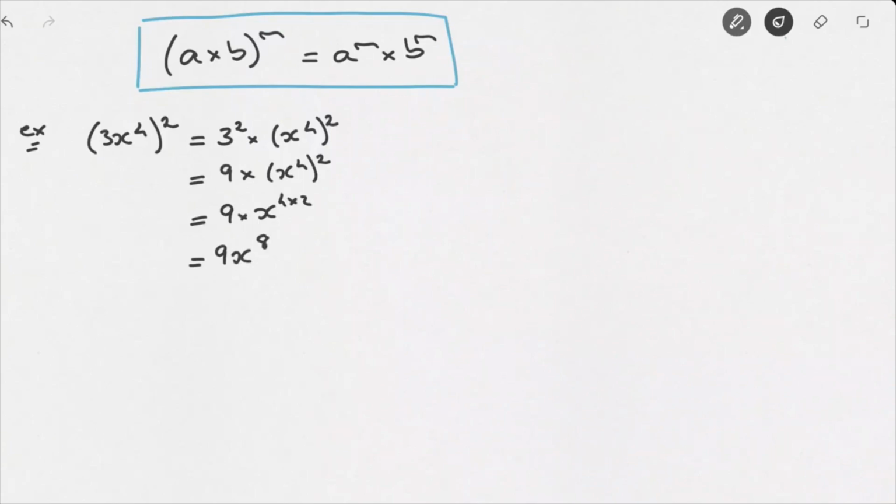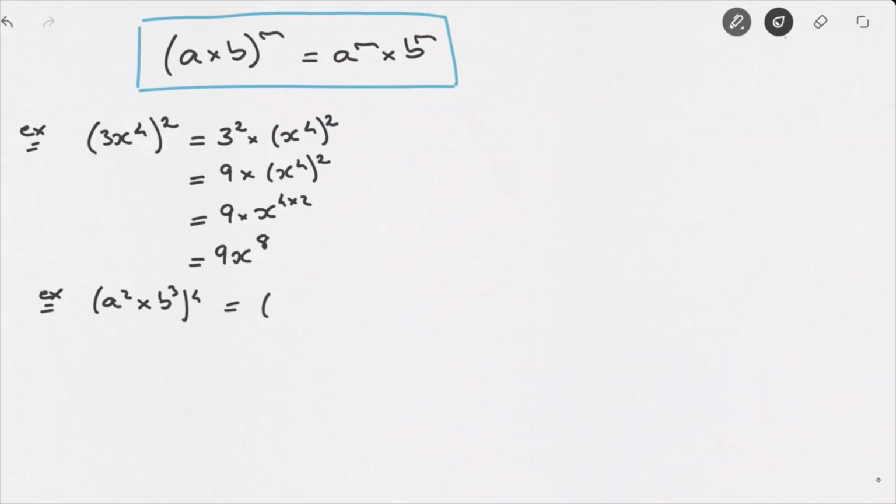Let's look at another example. Say we had to simplify the following: a squared times b cubed, raised to the power of 4. Well, again, we can use this law we've just learned to write the following. We're going to distribute the 4 onto each of the two terms.